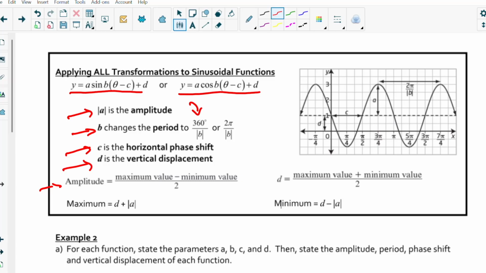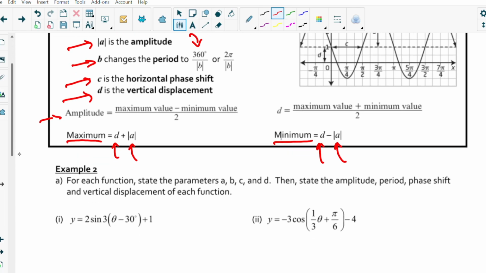Other formulas: the maximum can be obtained by using the formula d, your vertical displacement value, added to the absolute value of the amplitude. Likewise, the minimum can be obtained with the formula d, the vertical displacement value, minus the absolute value of the amplitude.